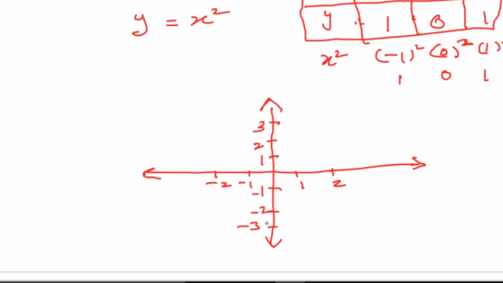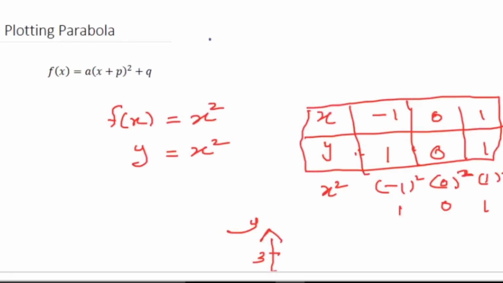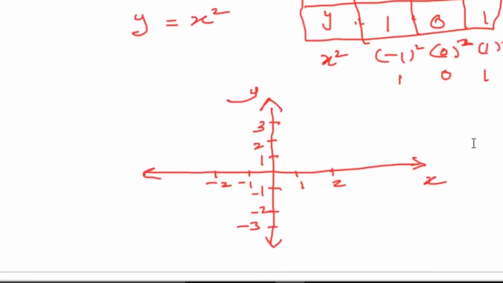Now the first point we have here is a -1 and a 1. The second one is a 0 and a 0. The third one is a 1 and a 1. The first point has the coordinates -1 and a 1, which is right here. And the second point is a 0 and a 0, which is right here in the middle.